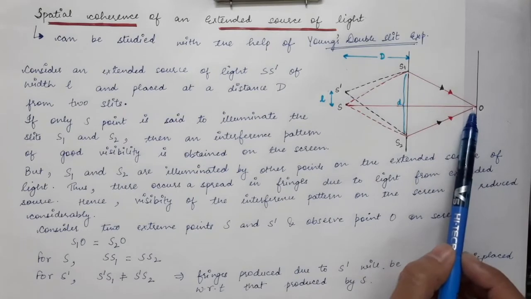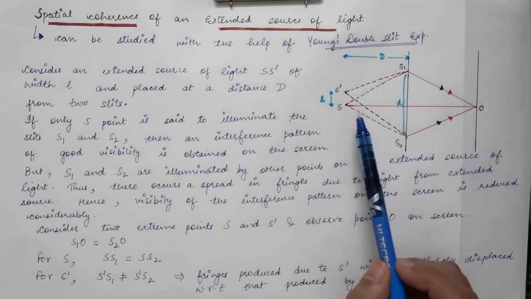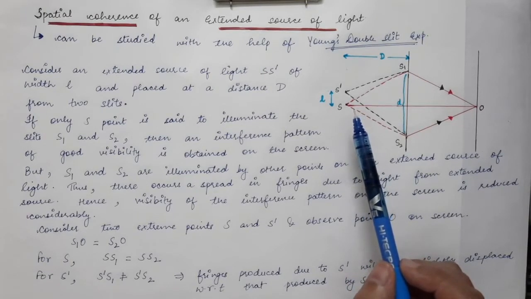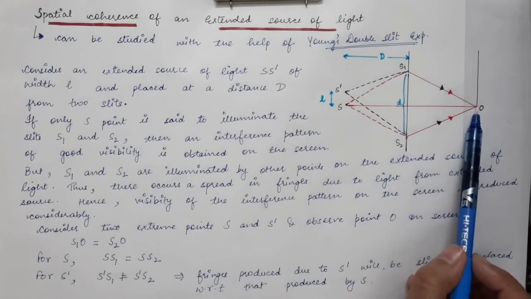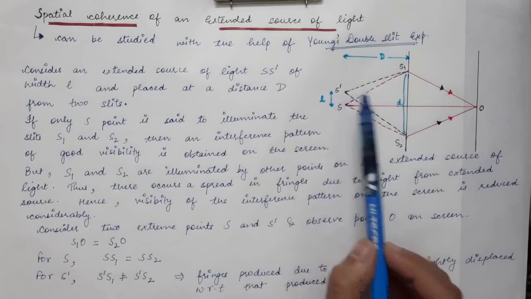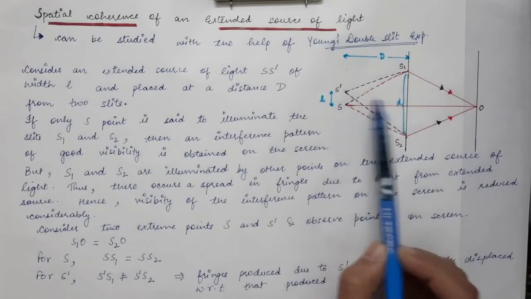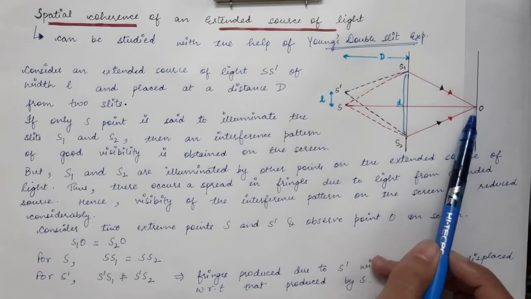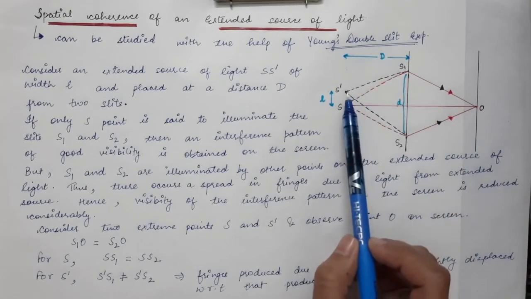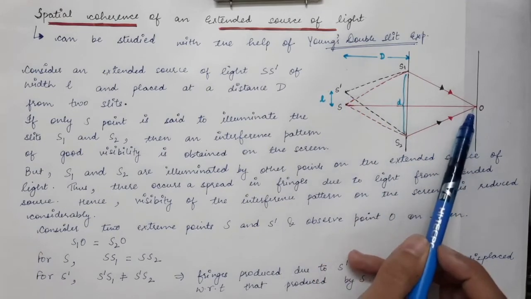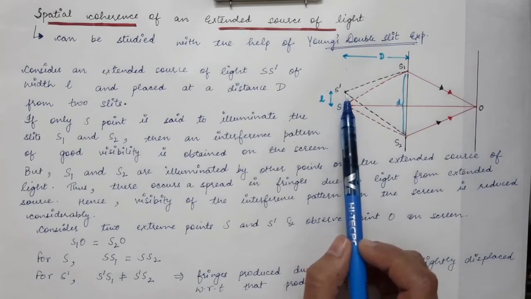At O we have a bright fringe due to S, and for the interference pattern to vanish, the dark fringe due to S' must overlap with it. Only then will we not have any interference pattern on the screen. That will be observed only when the light reaching point O from S' has a path difference of lambda by 2.